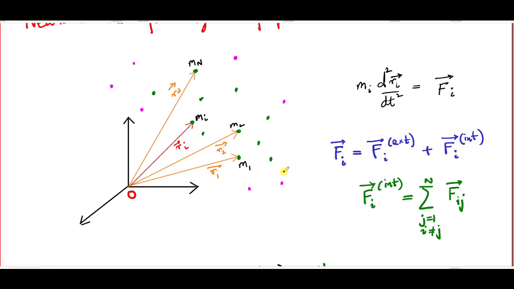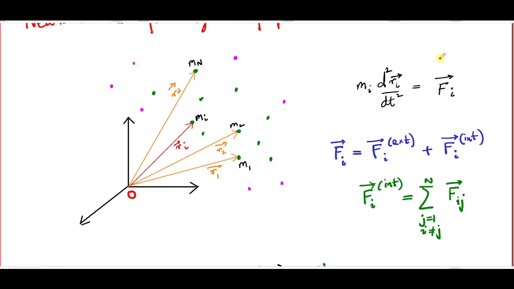And remember, we have assumed that our observer is inertial so that we can use Newton's second law here. So, mass of the ith particle times the acceleration of the ith particle, mi times d2 ri dt2, is equal to Fi, the force acting on the ith particle.